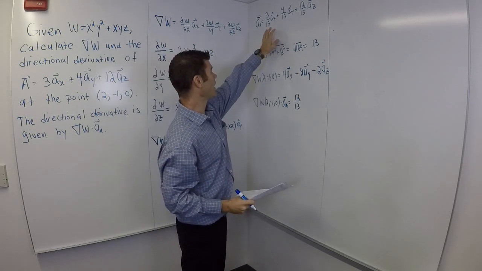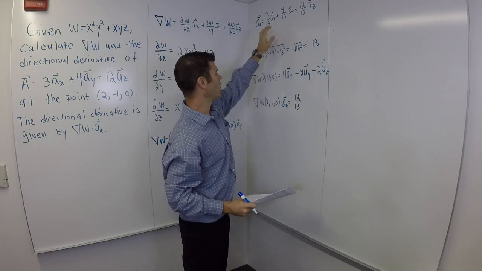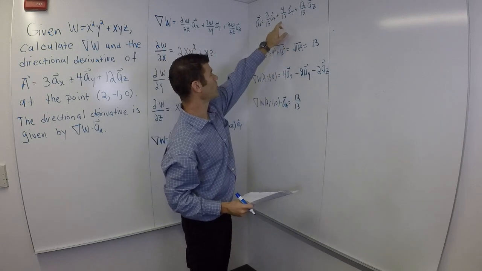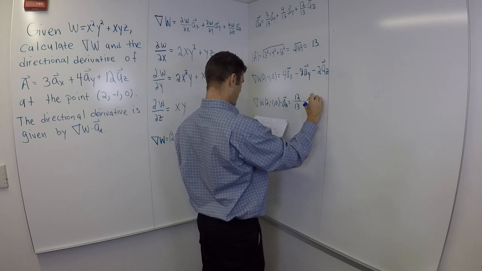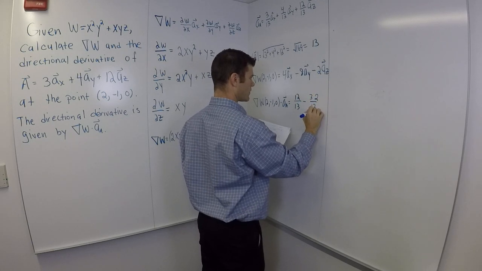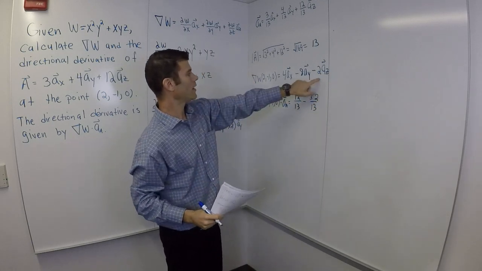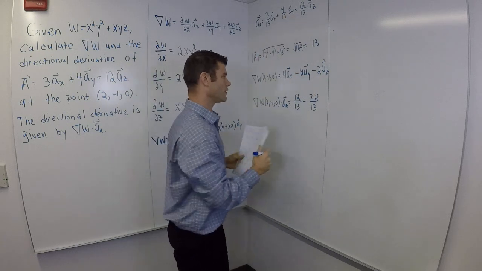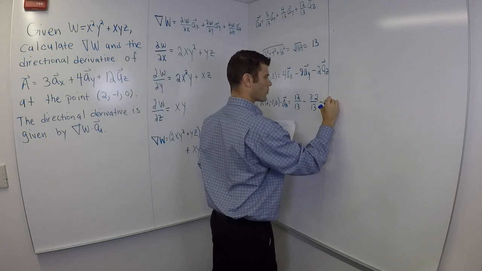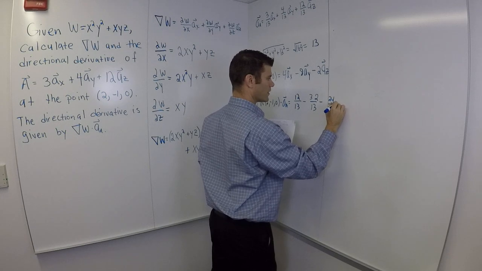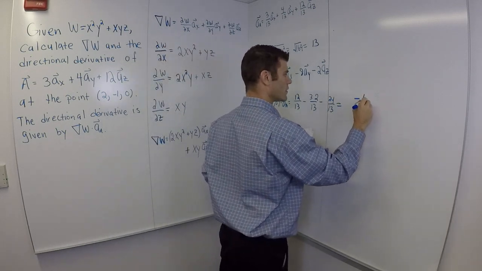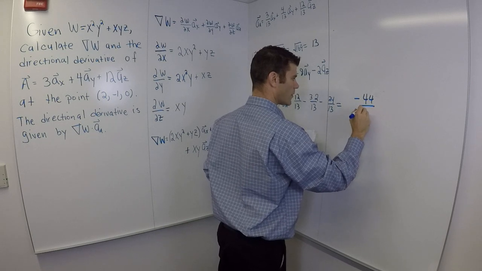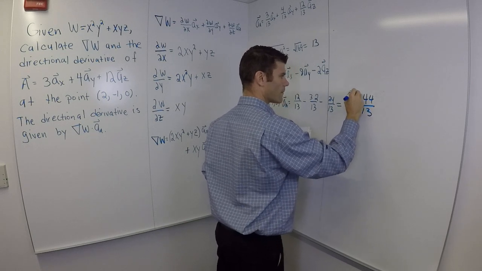So we're then going to add that to the y components multiplied. So -8 multiplied by 4/13, that's going to be -32/13. And then we're going to multiply a -2 with 12/13, and that's going to give us -24/13, and that will give us our final answer, which is -44/13.